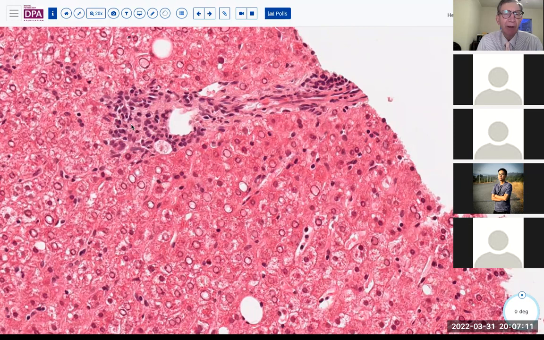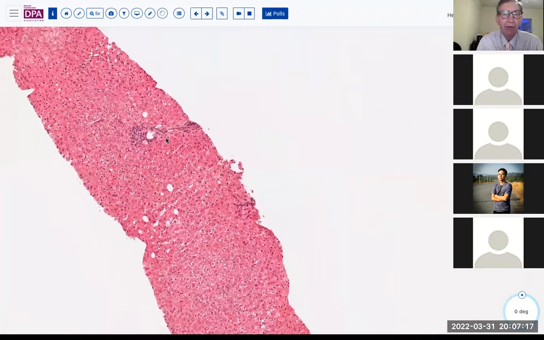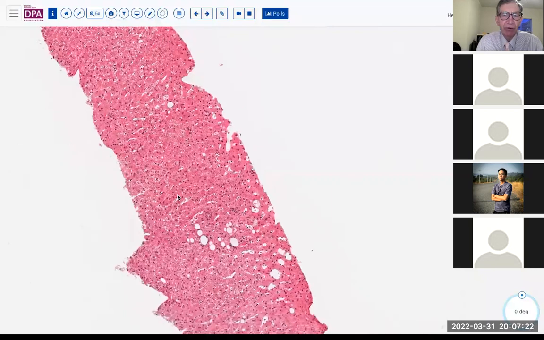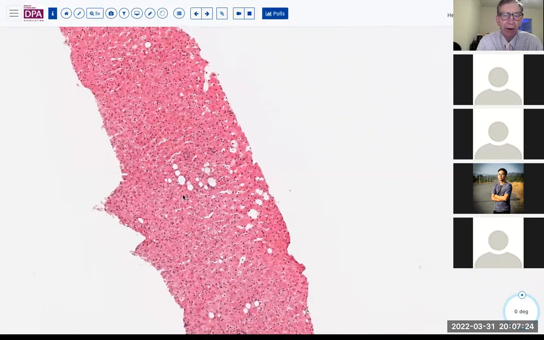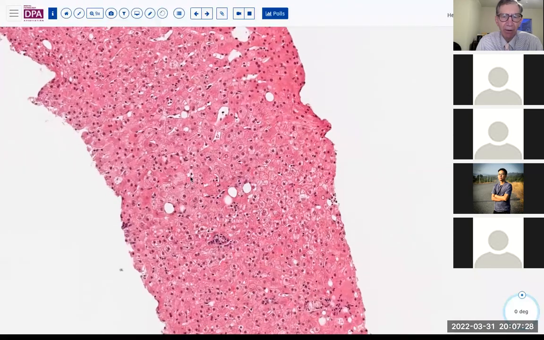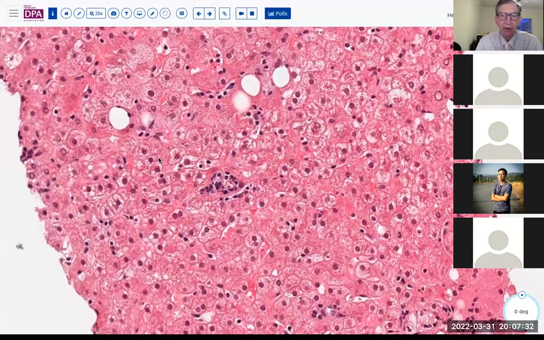So there's some inflammatory cells here. These may be a little bile duct right there. So that's probably not part of the lesion. As we move further inward, we just see sheets of hepatocytes.